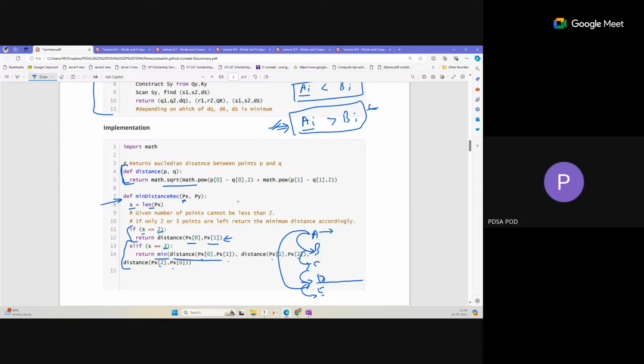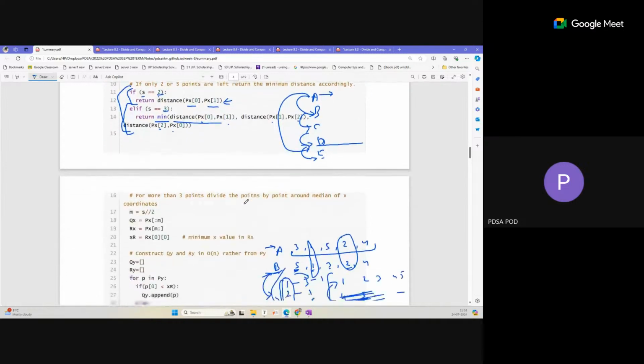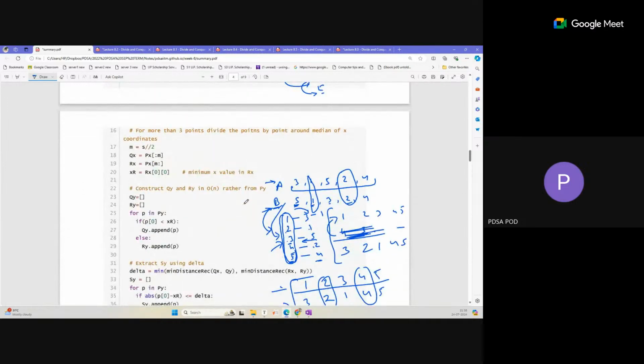So this is the base case. If the length of the list is greater than this, what will we do? We are dividing the points. For more than 3 points, divide the points around the median of the X coordinate.